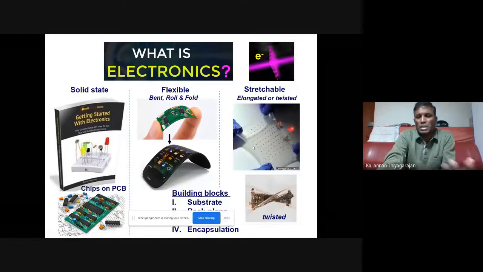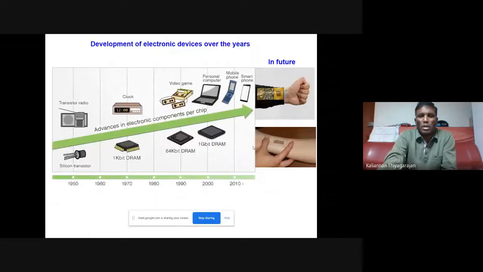So next slide, I'm going to talk about the history of our electronics. See the distance between our electronic instruments and us; it keeps reducing as the years go along. When the radio was there, it was in the corner of the room. Now the TV also is in the corner of the room.